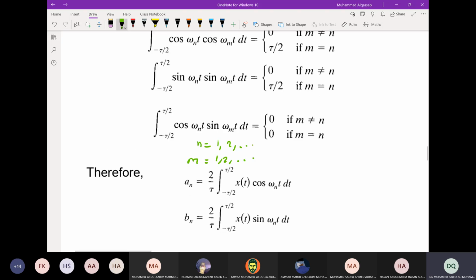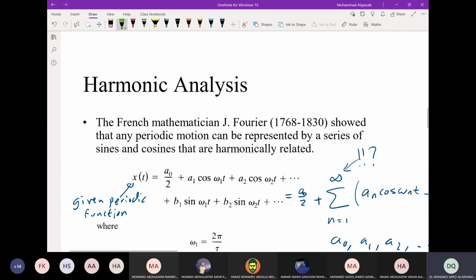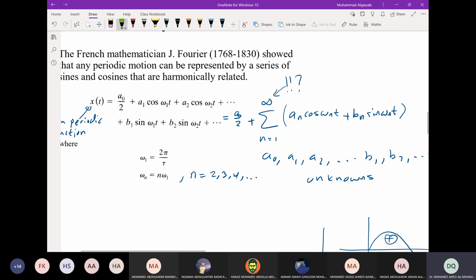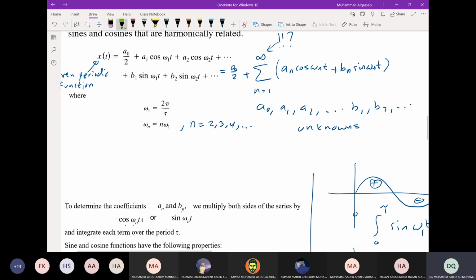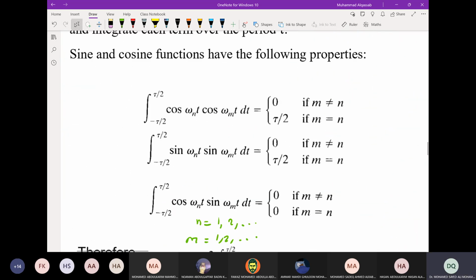So what you can do is multiply the series on both sides by cosine omega m t, not n, m. And then the term with bn will cancel out. And cosine times cosine depends on the value of the integers.